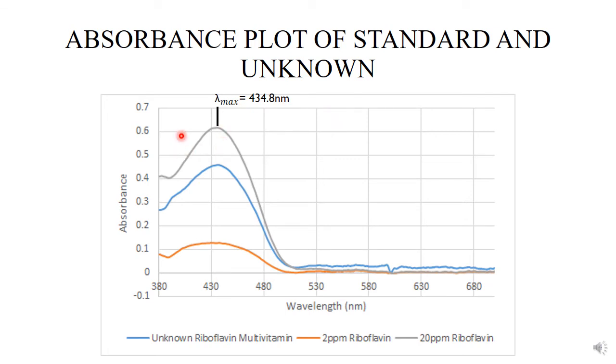The absorbance at 405 nanometers is clearly greater than the absorbance at 500 nanometers, which is almost zero. Therefore, by taking the absorbance spectra, we know that the fluorescence spectra should be taken at 405 nanometers, which has a good amount of absorbance.